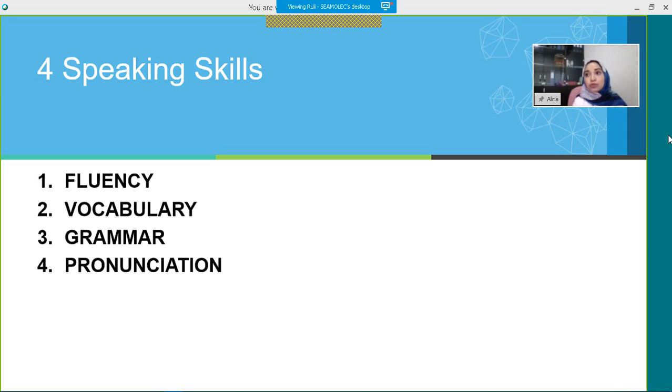You can also use songs. It will be easier for you to learn pronunciation from songs, especially songs that you like from your favorite singer. You can also watch movies or series in English without subtitles, and you can pause and play.